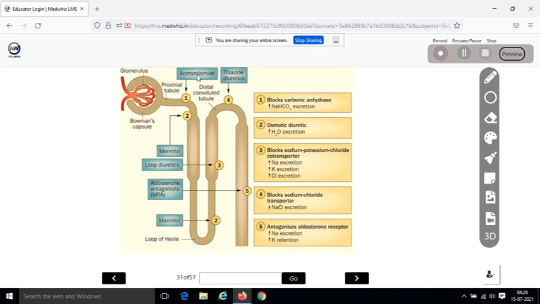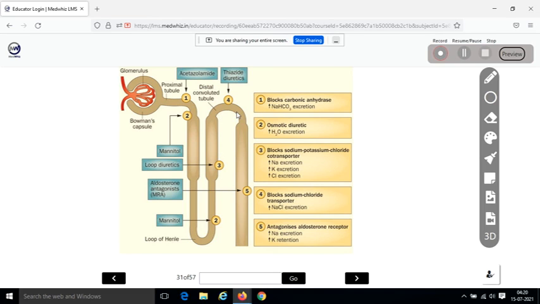Carbonic anhydrase inhibitors act in the proximal convoluted tubule; acetazolamide is the prototype. Mannitol is an osmotic diuretic, acting at the descending loop of Henle, PCT, and ascending loop. Then the thick ascending loop diuretics are called highly efficacious diuretic agents.